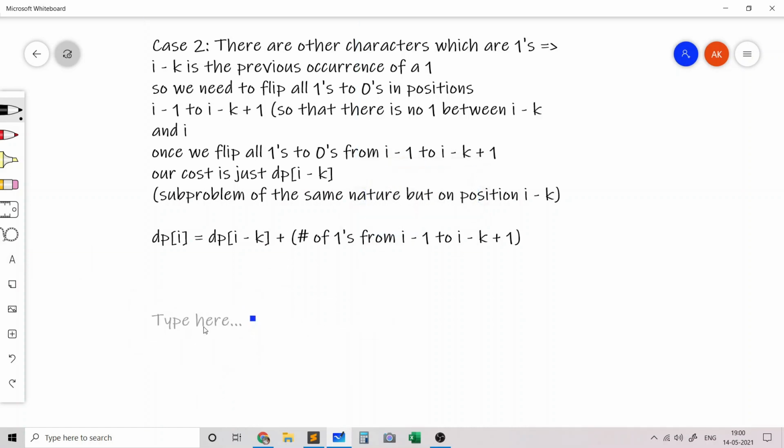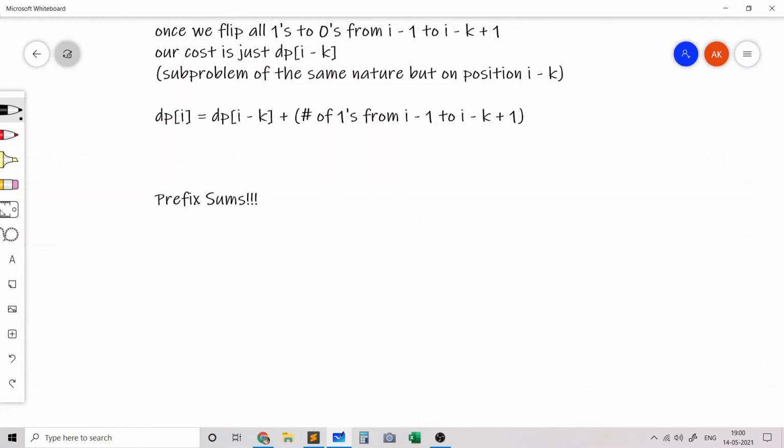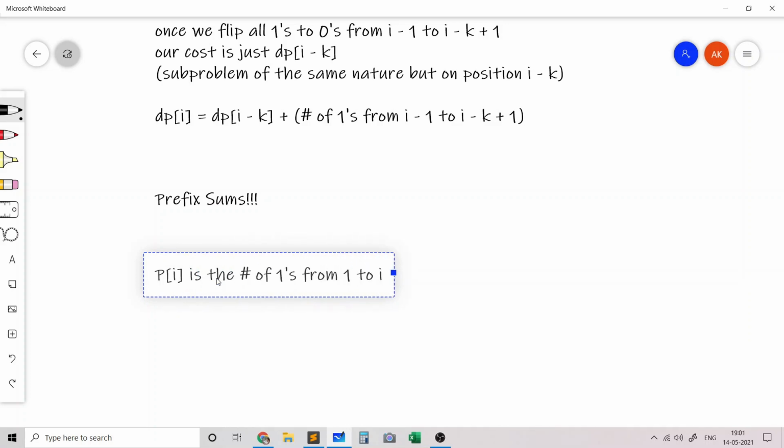The simple way to do that is to use prefix sums, and we just define prefix sums in the normal way. Prefix sums of I is the number of ones from 1 to I, and hence we can compute dp of I in O of 1.